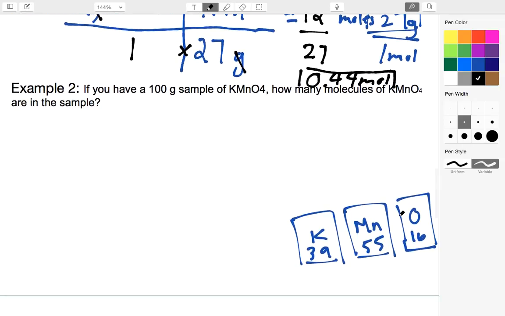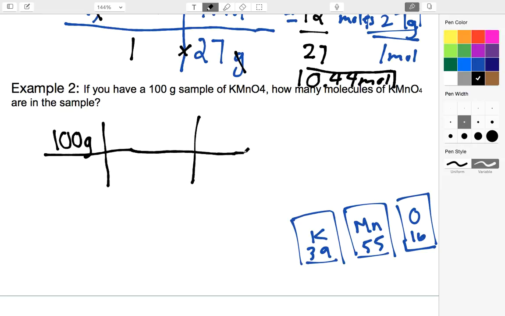So for example 2, a little bit of a harder problem. Let's say this time I have 100 grams of KMnO4 and I'm looking for the number of molecules in the sample.